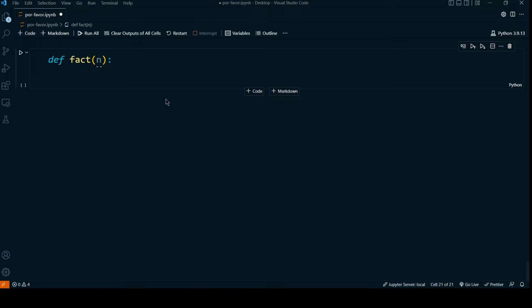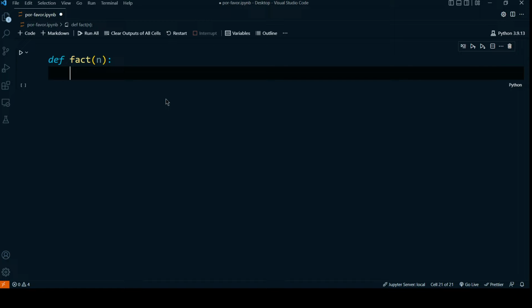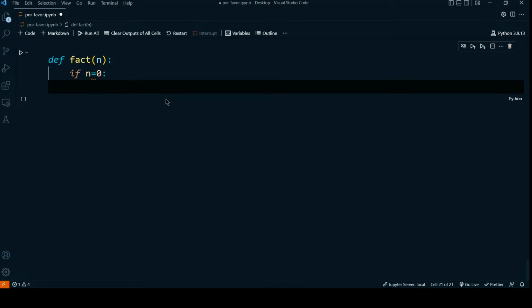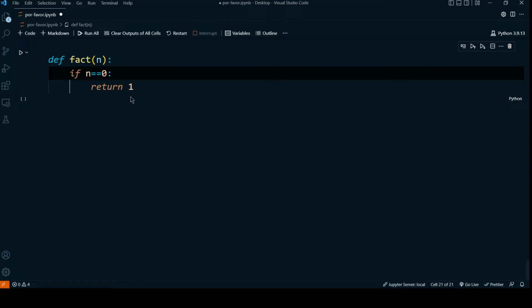First of all, we need a base condition. In our case, it is 0. So if n == 0, then return 1. Oops, it is double equal, not single equal. If n is equal to 0, then return 1.